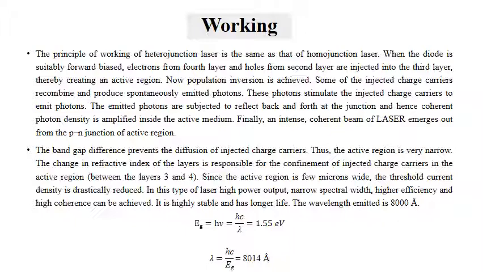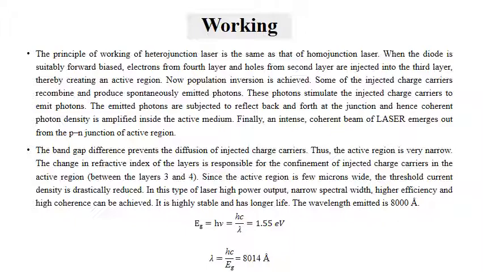These photons stimulate the injected charge carriers to emit photons. The emitted photons are reflected back and forth at the junction, and hence coherent photon density is amplified inside the active medium. Finally, an intense coherent beam of laser emerges out from the PN junction of the active region.